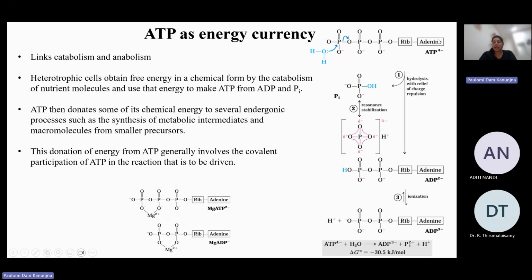So this is the adenosine triphosphate: adenine attached onto ribose, and three phosphates, 1, 2, 3. This much is correct. Now in hydrolysis, you're basically breaking these bonds in aqueous conditions. Hydrolysis relieves charge repulsion. Where is the charge repulsion taking place?